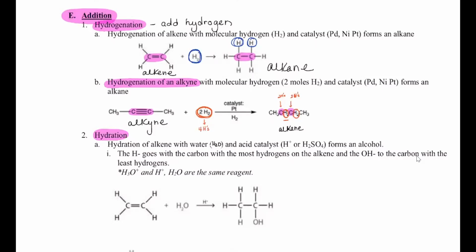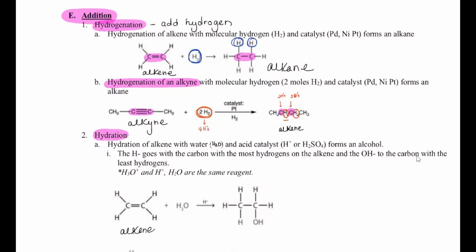Now, when it comes to hydration, understand that we are always going to start with an alkene. I never in this class mentioned what happens to hydration of alkynes. We never studied it. It's not going to show up in the exam. But we did talk about hydration of alkenes.